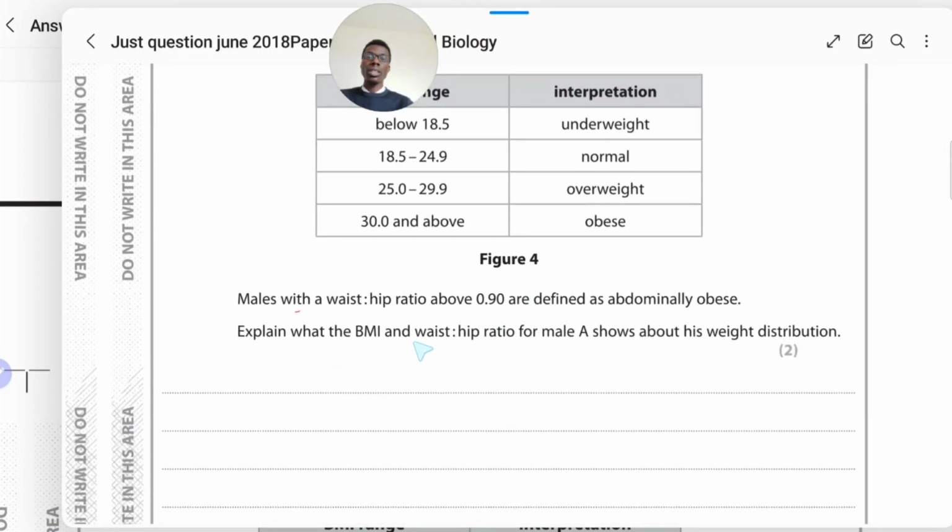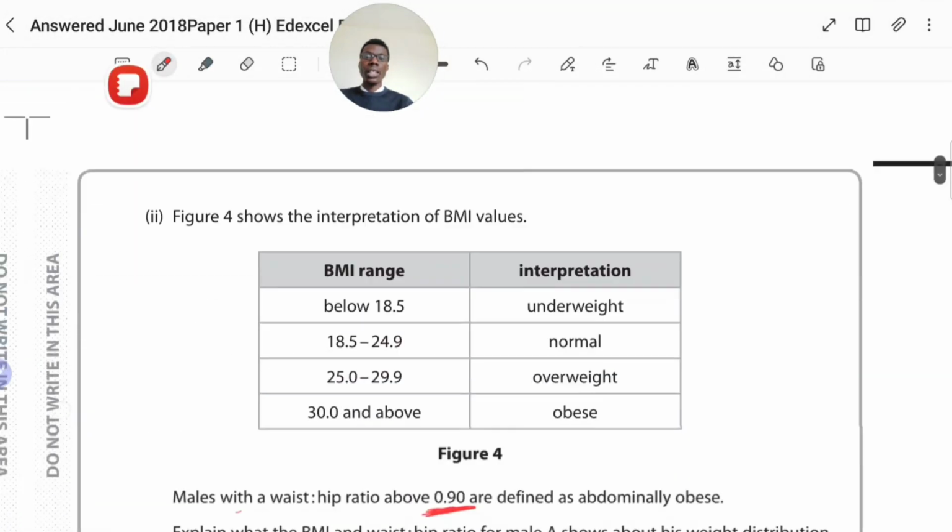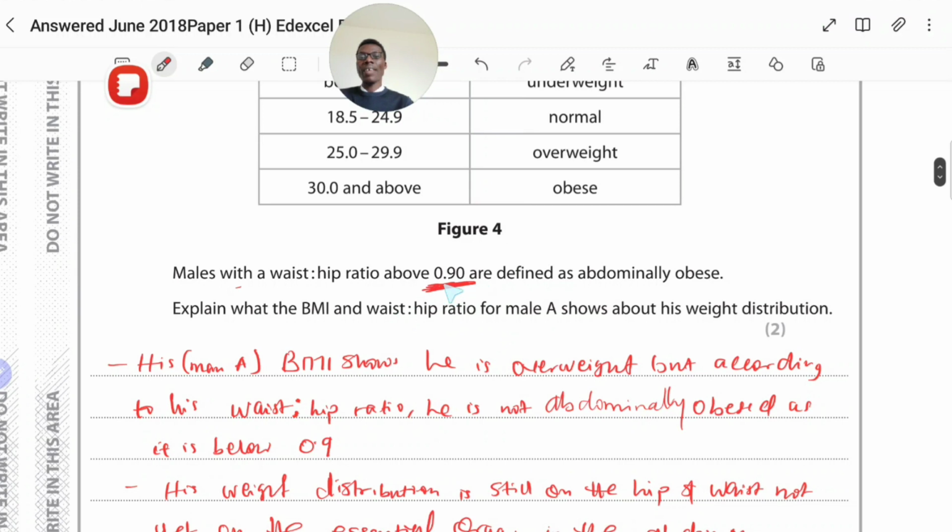Explain what they show about his weight distribution. Don't forget you are comparing this with what he really has. Anybody who has above this is abdominally obese, but what he has is not up to that. So let's see the answer here, which I've written. You can see me laying emphasis here.